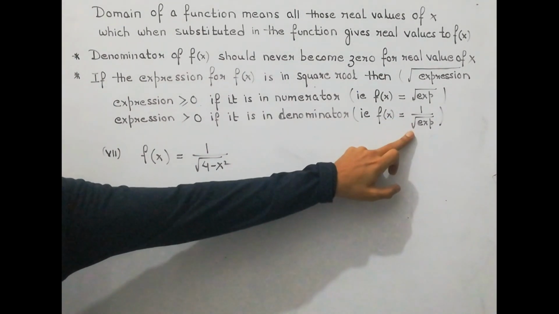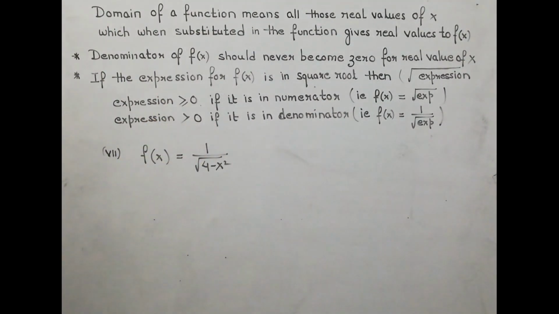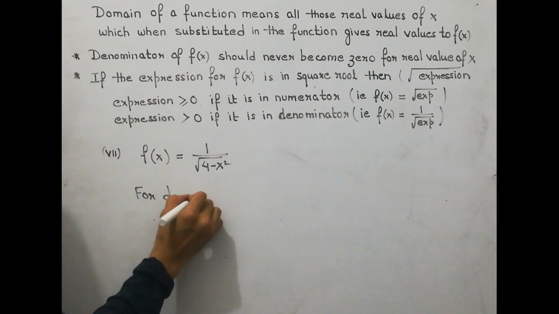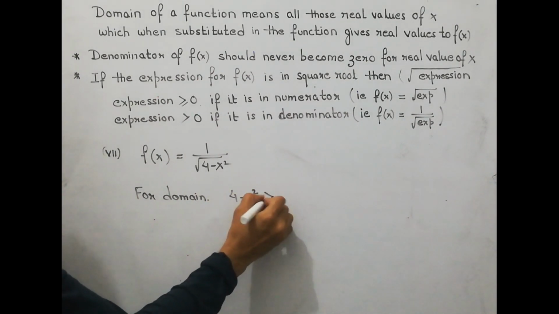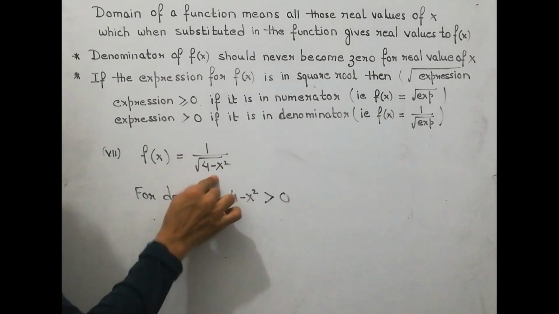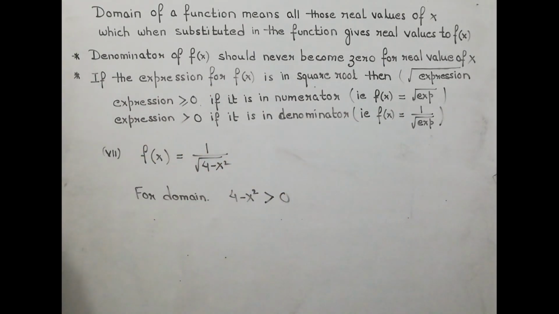Fx is equal to 1 upon under root. Whenever you have an expression with the root sign in the denominator place, then the expression will be greater than 0, not equal to 0. Because if this expression is taken equal to 0, then 1 upon 0 will give you an undefined value. It can be greater than 0 but not 0.